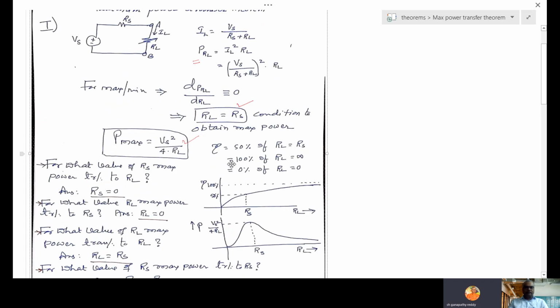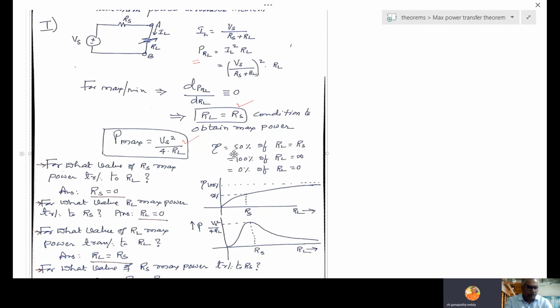Next, in terms of efficiency, how does efficiency change with respect to RL? If you look here, if RL equal to RS, efficiency is 50%. Why is efficiency 50% when RL equal to RS?